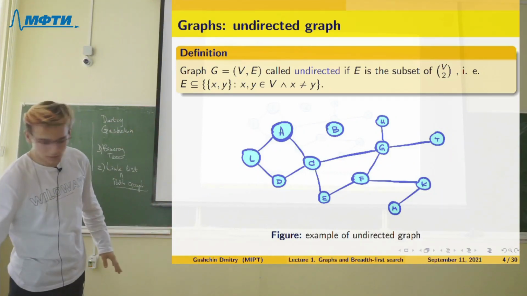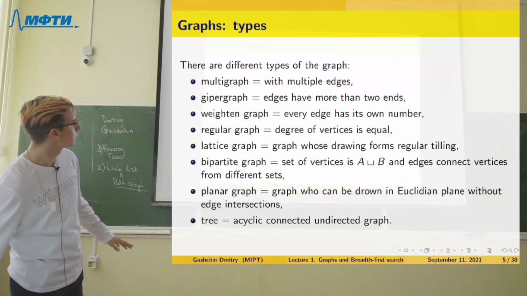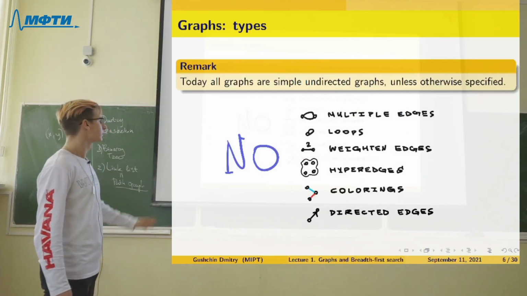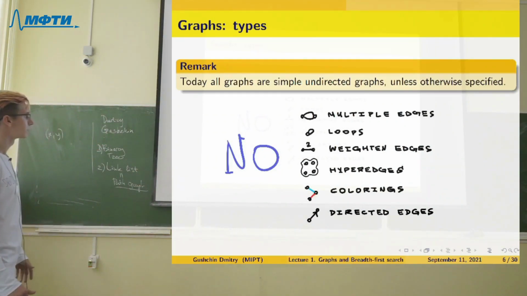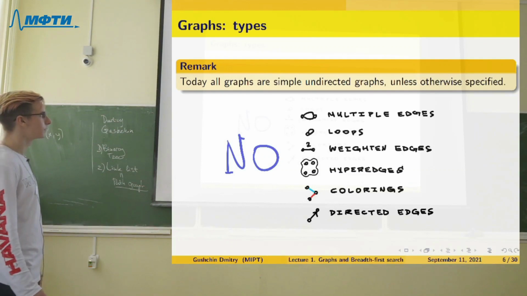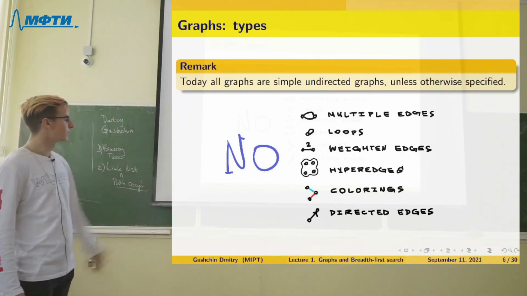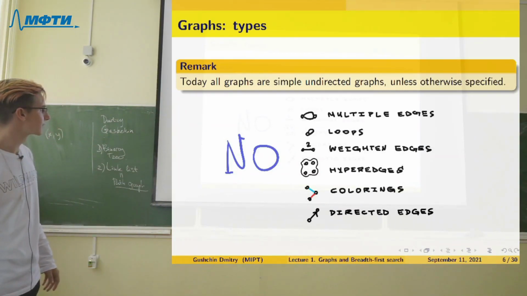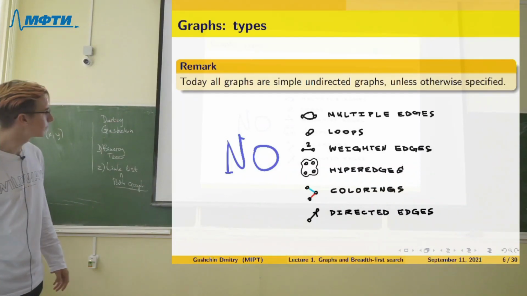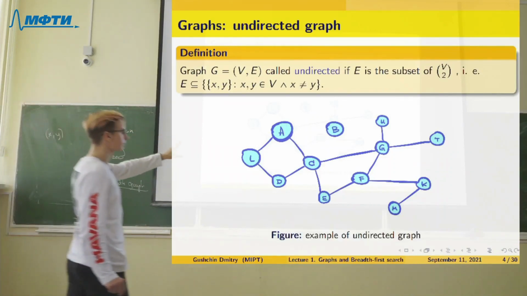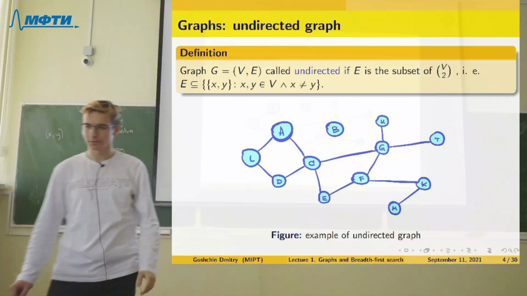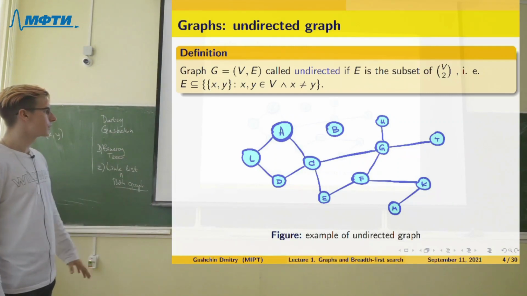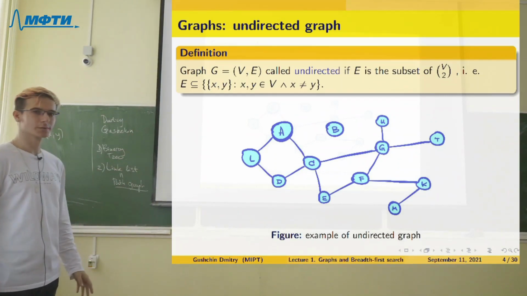Okay? And we will think that today all graphs are simple. That means the graph has no multiple edges, loops, etc. And today we'll work with these graphs, where an edge is an ordered pair of vertices, and there are only one or zero edges between two vertices.